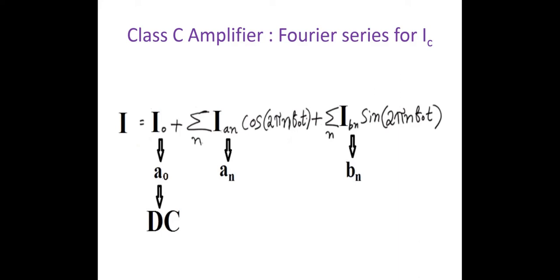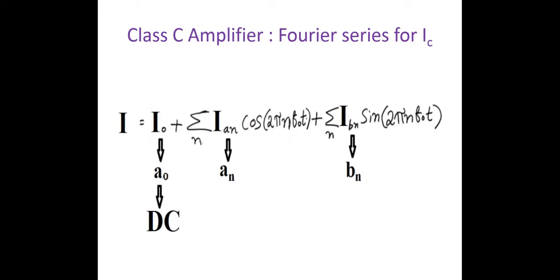So for any periodic current, I will be equal to I naught, which is the DC component and which corresponds to the term A naught in your standard Fourier series, then plus the sum of IAN into cos 2 pi n f naught t, which are the AN of your standard Fourier series representation, and then the IBN correspond to BN of your standard Fourier series representation.